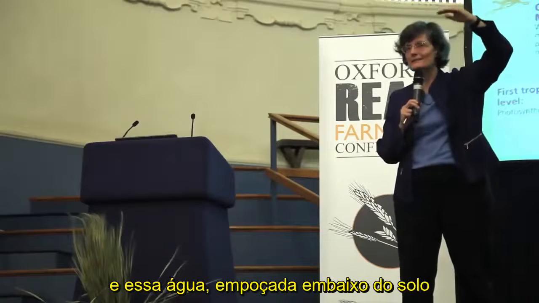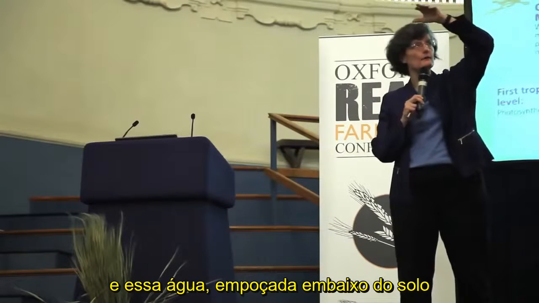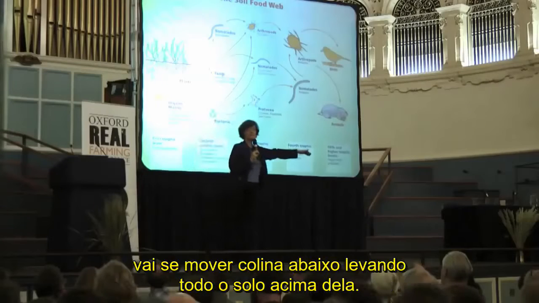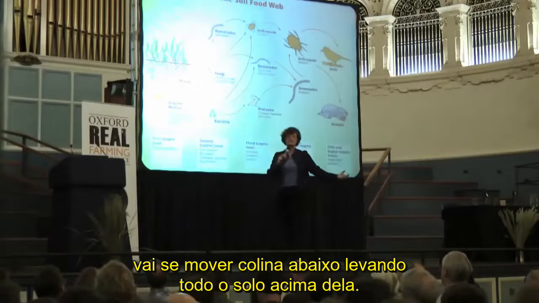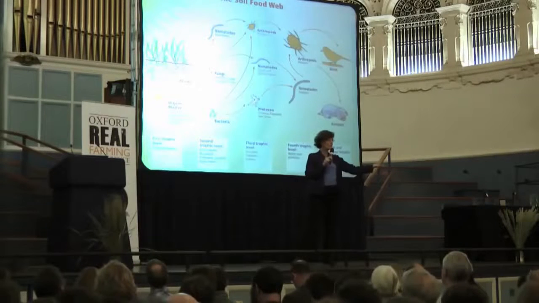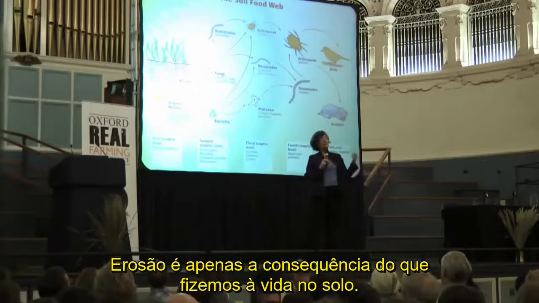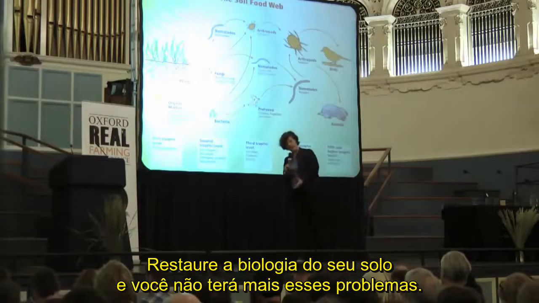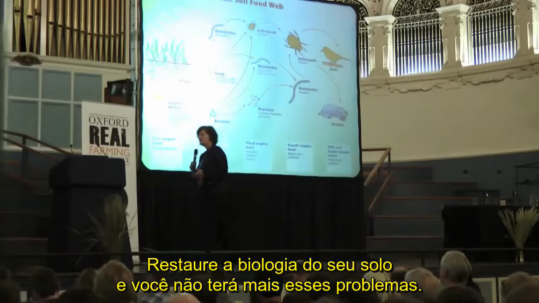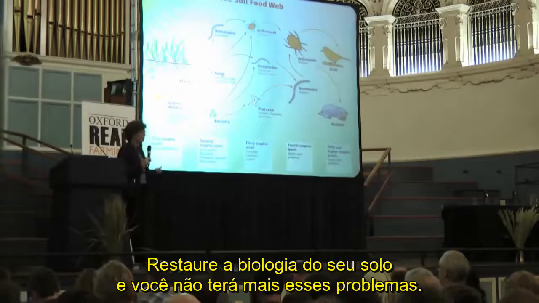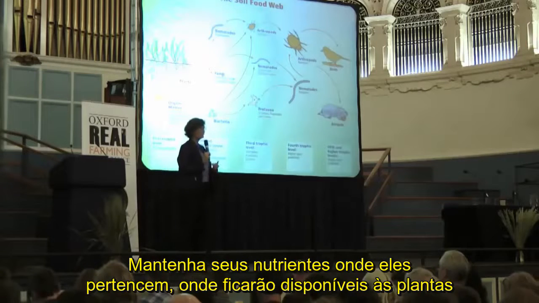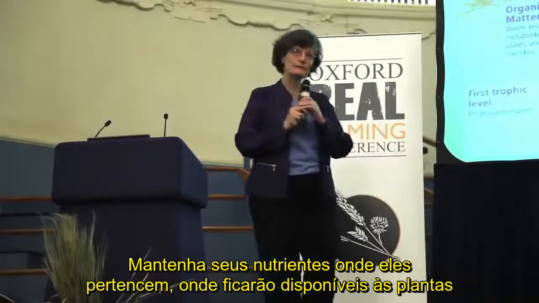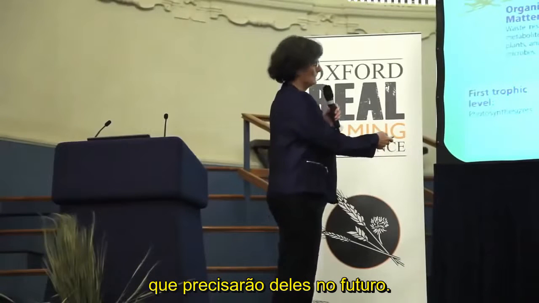Water will not continue to move, and that water puddling at that depth is going to go downhill and take all your soil with it. So erosion is only a consequence of the damage that we've done to the life in the soil. Get that biology back into your soil, and you won't have those problems anymore. Hold and keep your nutrients where they belong, where they will become available to your plants in the future.